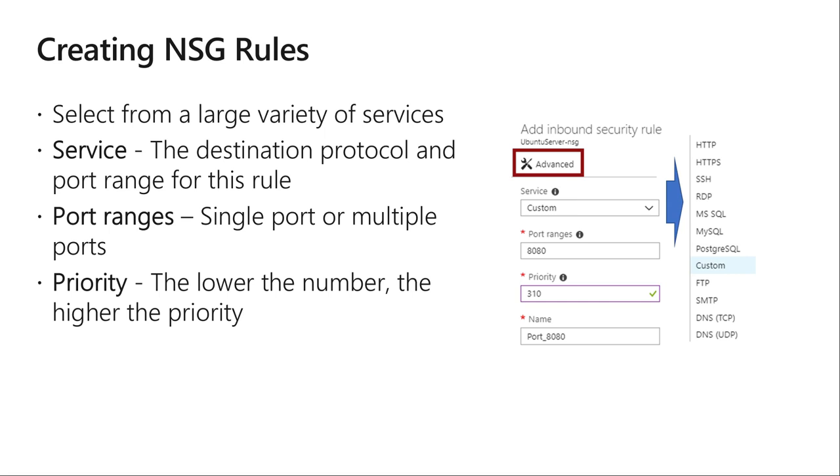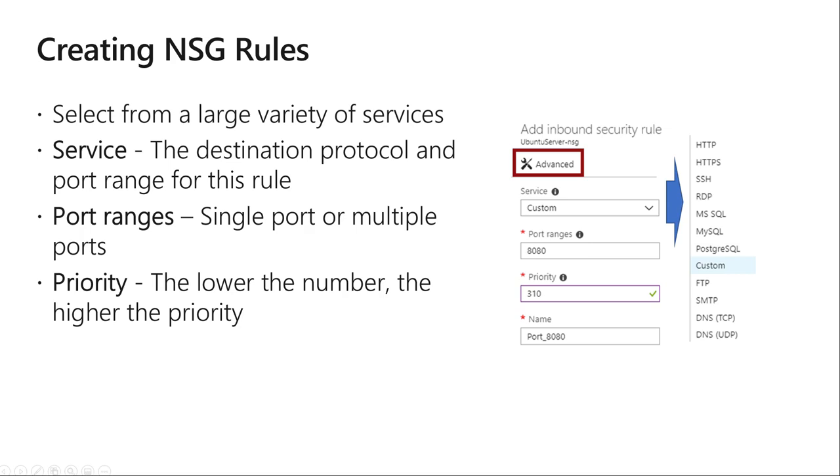We recommend leaving gaps like 100, 200, 300, so it's easier to add new rules without editing existing rules. You can enter any value between 100 and 4096, and it's unique for all the security rules within the network security group.